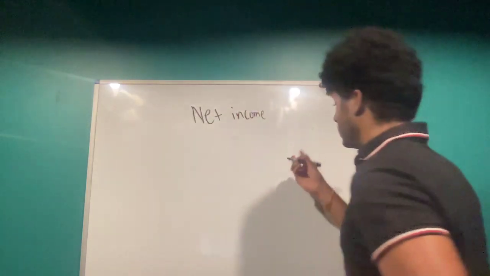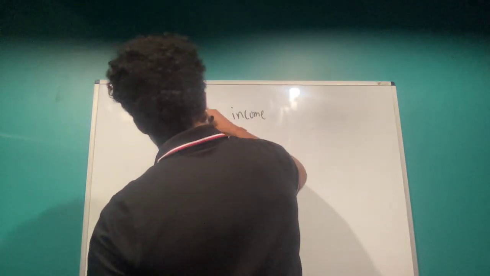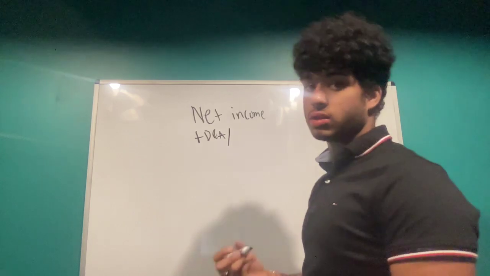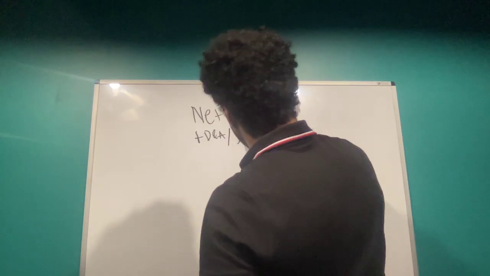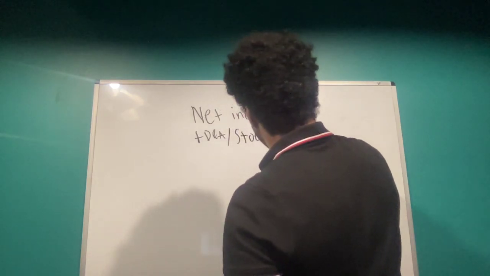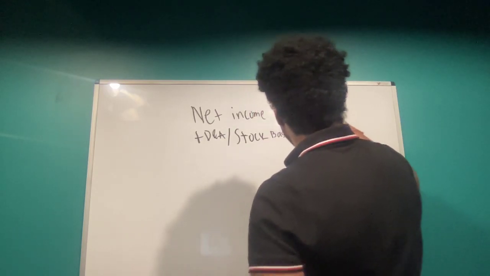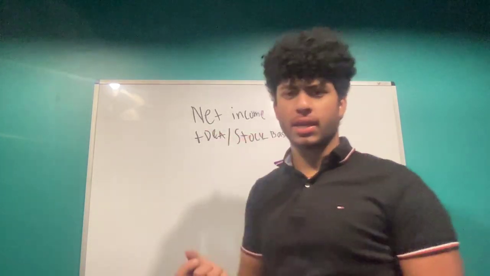So the first thing that we need to do is add back D&A. We are going to add D&A, and there are other non-cash expenses as well, such as stock-based compensation, which is a pretty popular example. But these are just a few examples. Now, you might be thinking, well, we took out D&A to get to net income. Why are we adding it back?